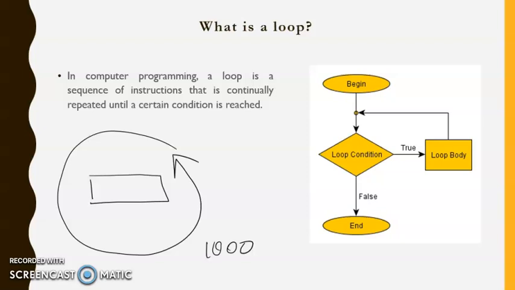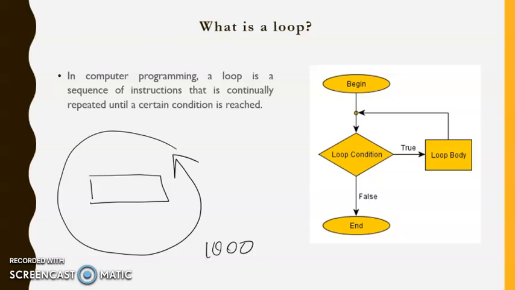It starts from here, and first it checks the condition, because if we don't put conditions on loops, they would repeat themselves infinite times. And in fact, our program will crash because it will continue infinitely or indefinitely.